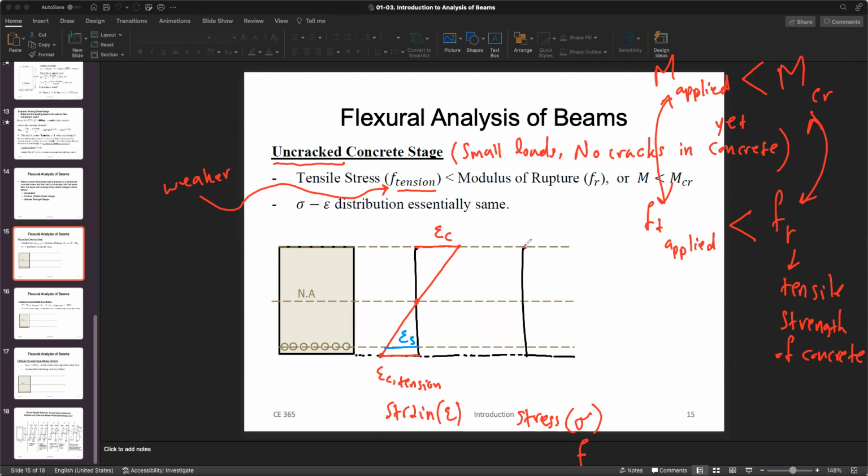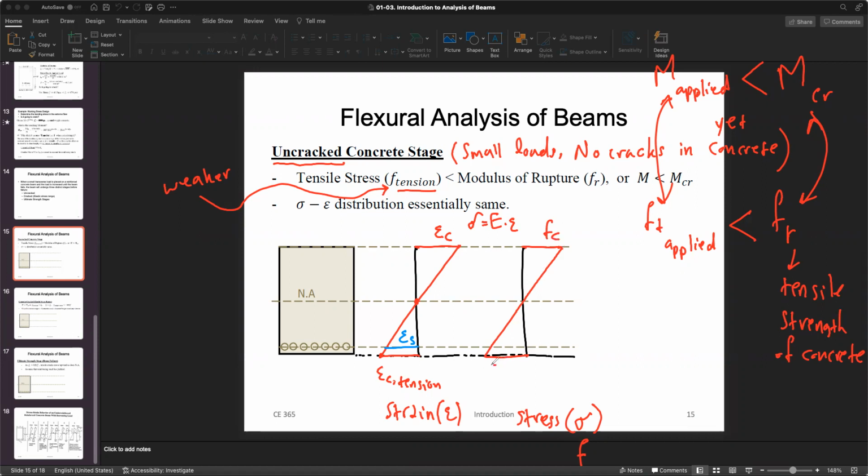So again, we are going to have the maximum, because don't forget, we have this expression: sigma is E epsilon. So if you multiply the strain by a constant, you're going to find the stress, so the shapes would be the same, right? It would have the same shape because it is a linear region and it is not cracked yet.